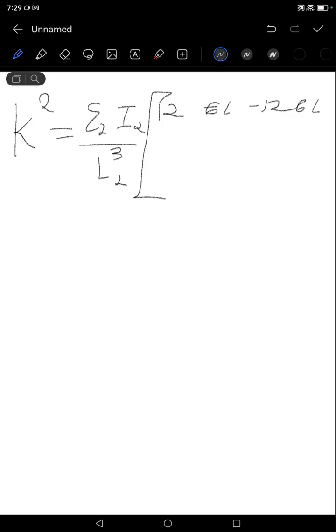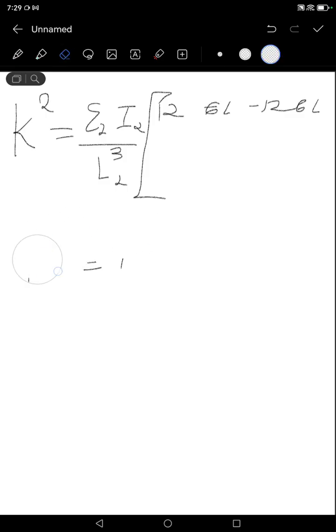Okay, you're just gonna copy the formula and then substitute. Since we have the same thing, the length is 500, the E is 20 times 10 to the power of 6, and the I is 2.5. The K2 is gonna be equal to K1. Okay, we're gonna have the same thing, but let me just write it.